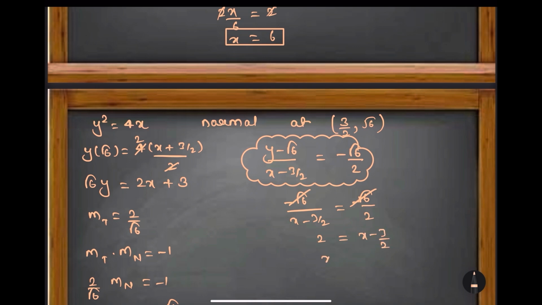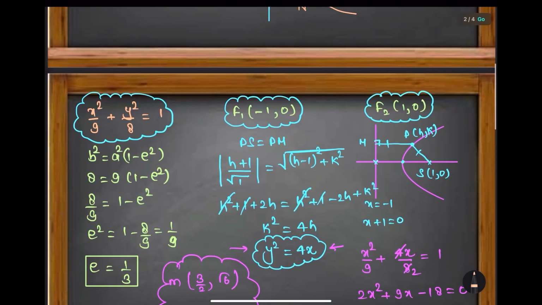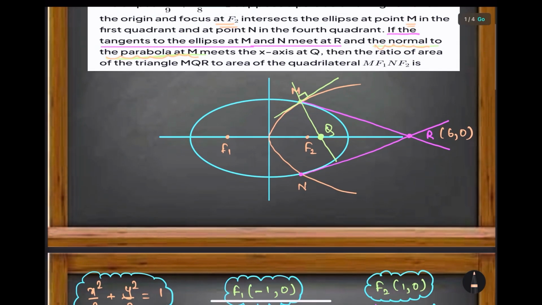So x will be equal to 2 plus 3 by 2, which is 7 by 2. So the x coordinate is 7 by 2. So Q is (7 by 2, 0).